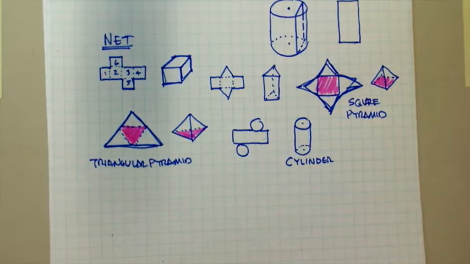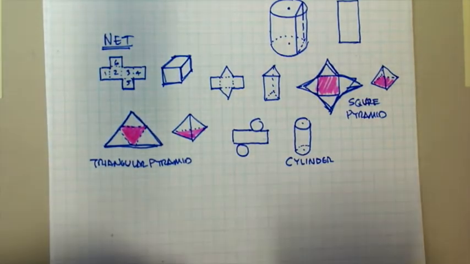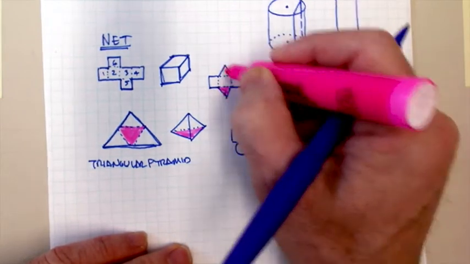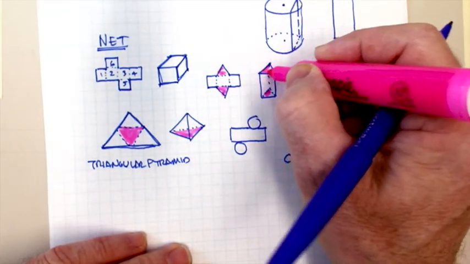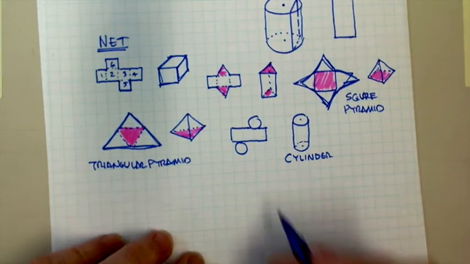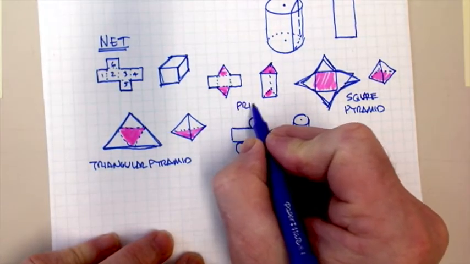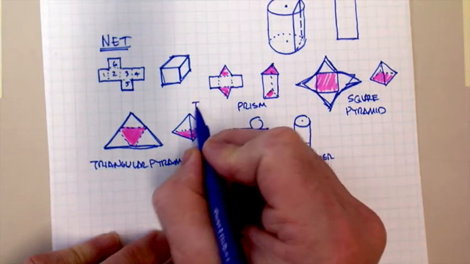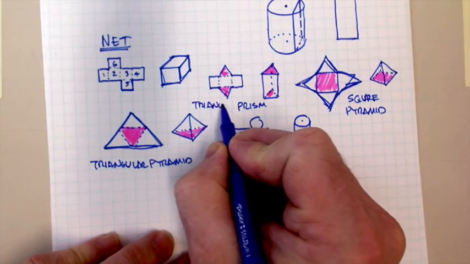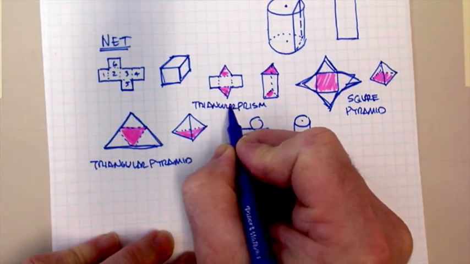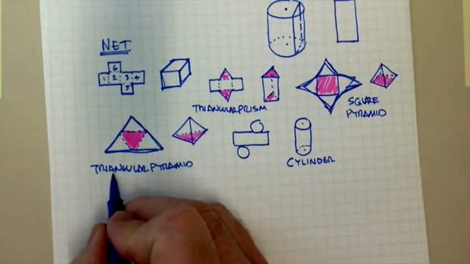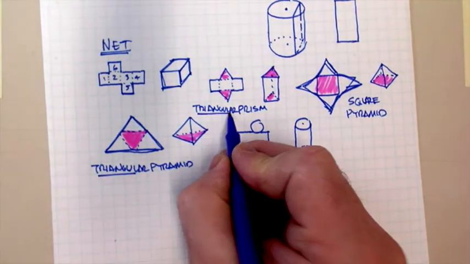This is a prism because it has 2 parallel and congruent faces. And since the faces are triangles, this is a triangular prism. Triangular prism. Triangular pyramid, triangular prism.